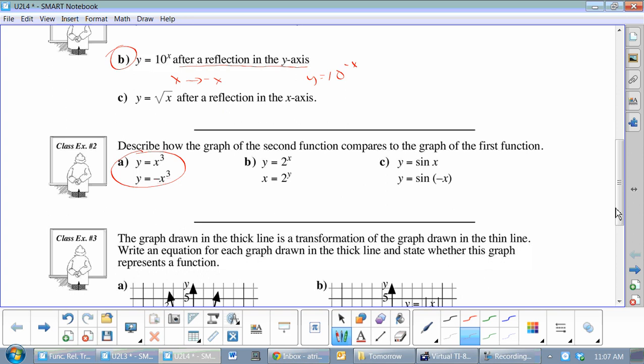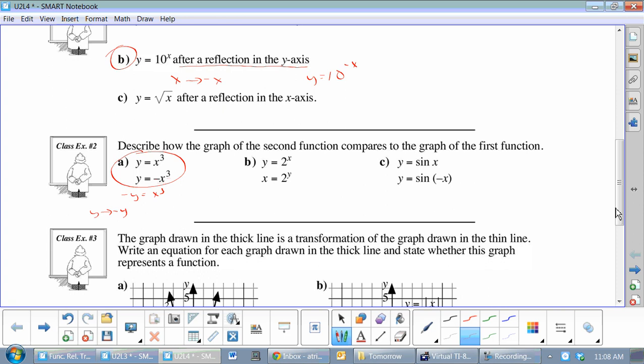Who does that negative belong to, the x or the y? The y, right? Isn't this the same thing as negative y equals x cubed? So that means y got replaced with negative y.